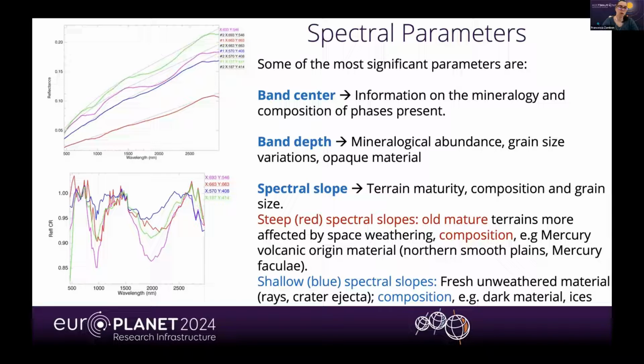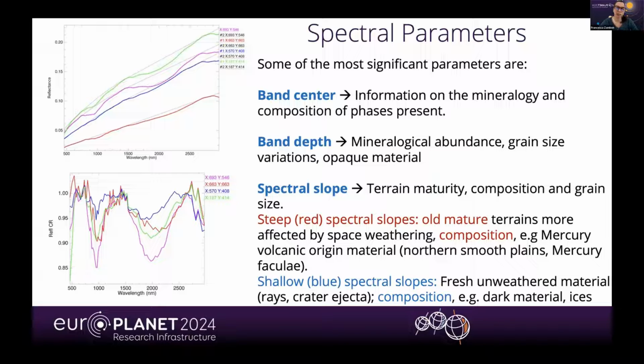So it's better to associate to the band depth also other parameters, for example, reflectance or models. The spectral slopes are instead important because they give us information on the terrain maturity, the composition, but also the grain size.